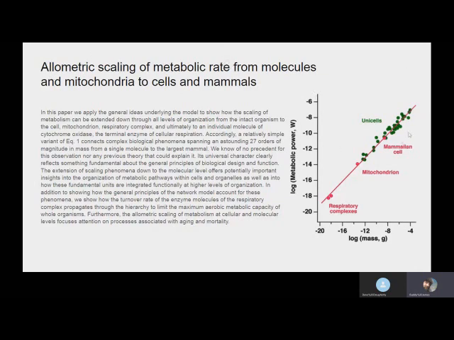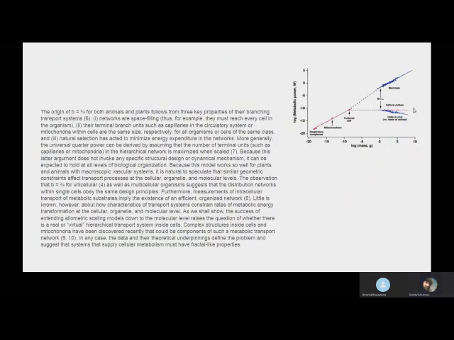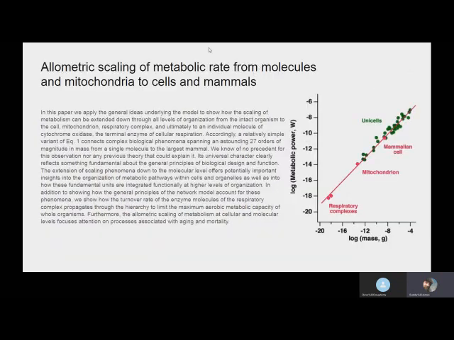So this is about aging, mortality, your breathing, and your respiratory system, how it all scales along this, along with, like I said, your metabolism. So there's so much more fractal type of integration inside of us connected to the whole universe. It's just great. And when you get into interscalar physics, it's even better. So the name of this article is Allometric Scaling of Metabolic Rates from Molecules and Mitochondria to Cells and Mammals.